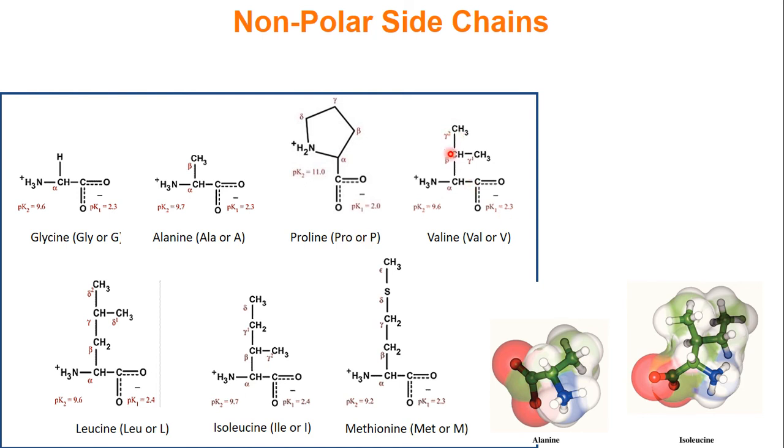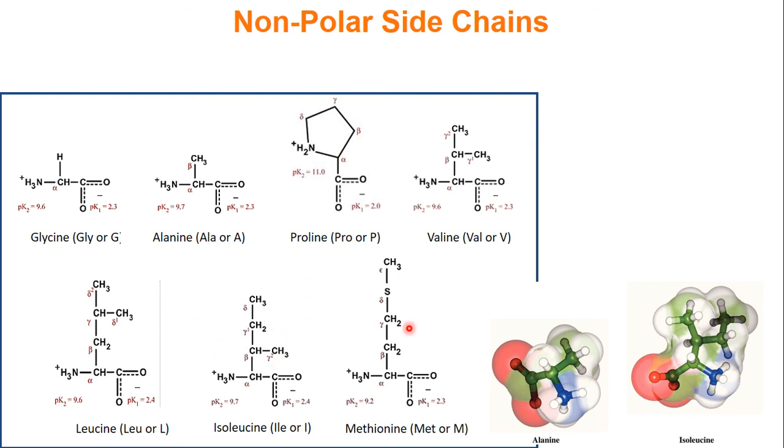Valine has 3 carbons that form a V in the backbone because it's valine for V. While leucine, L, is a little bit longer than valine, and since it's a little bit longer, it gets 1 extra carbon for leucine. And isoleucine is if you take leucine and switch the position of the CH3 group and you move it down 1 to make isoleucine.